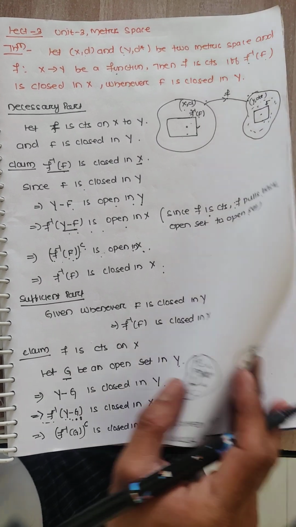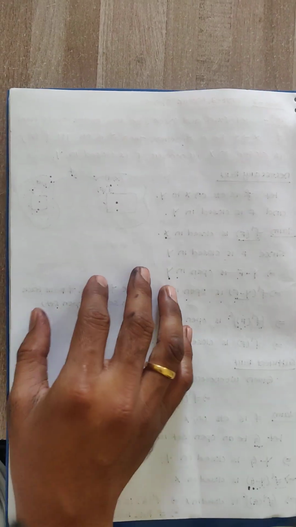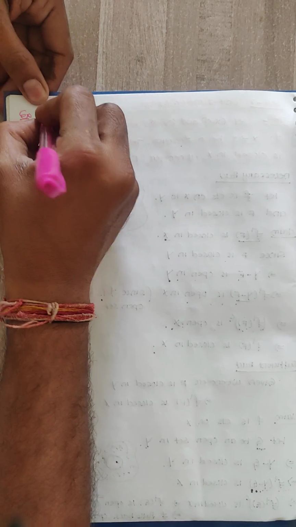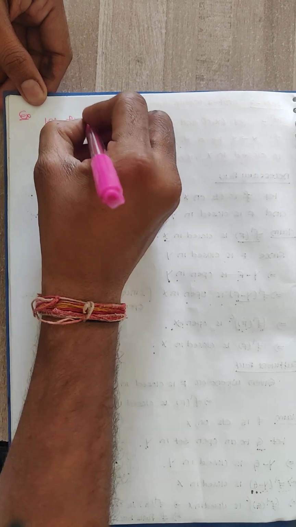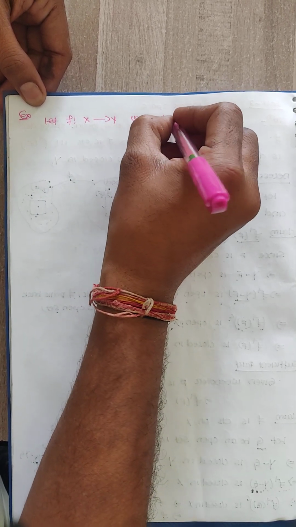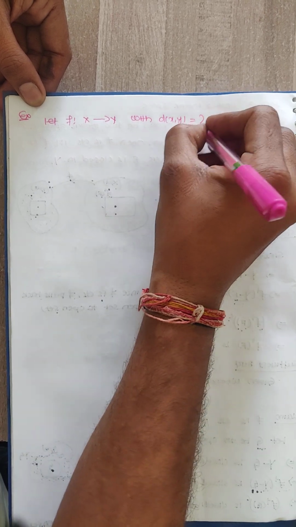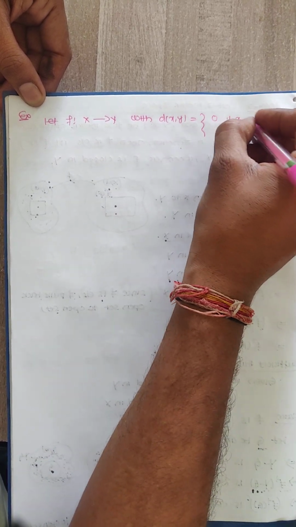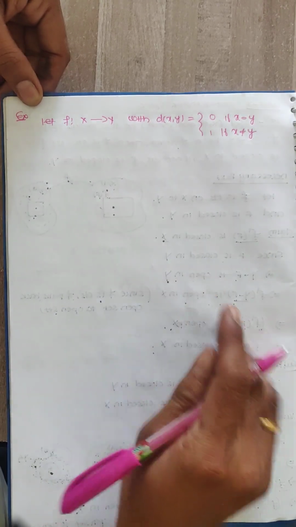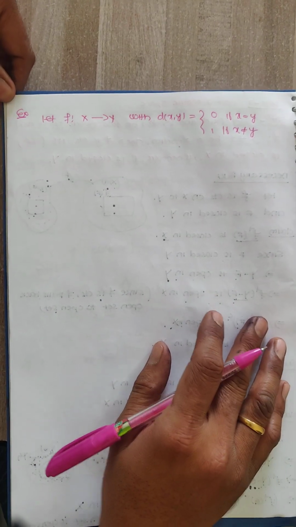Now we'll see an example regarding this topic, which means pulls back closed set to closed set, open set to open set. Example: let f be a function from X to Y with d of x, y equal to 0 if x is equal to y, 1 if x is not equal to y, and this metric is called the discrete metric.